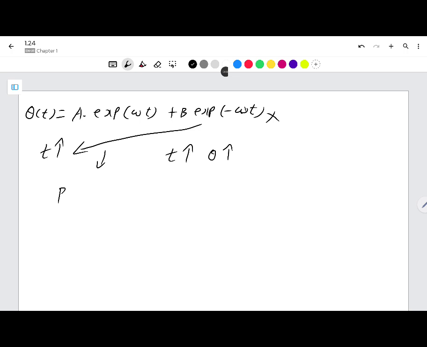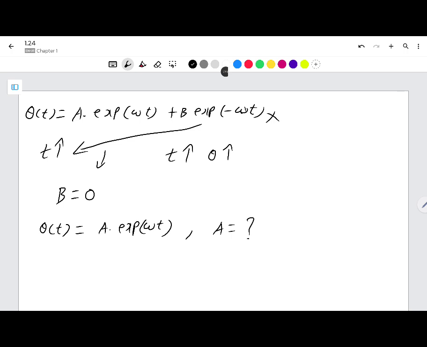So we say that b is equal to 0, right? Okay. So the angular displacement is a times exponential omega t. Okay, fine. Now we need to find the value of a.